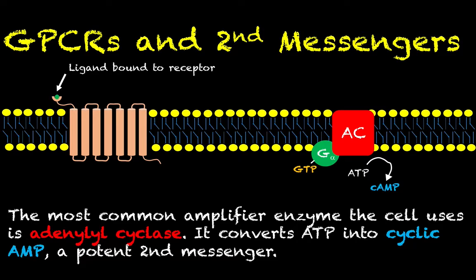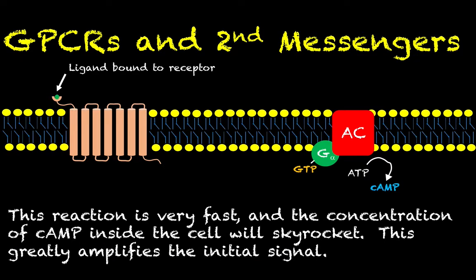Cyclic AMP is possibly the most common and most potent second messenger that you can find inside of a cell. So this reaction that you see here is very fast, and following activation of adenylyl cyclase, the concentration of cyclic AMP is going to increase from 0 to very high levels in the intracellular fluid very quickly.